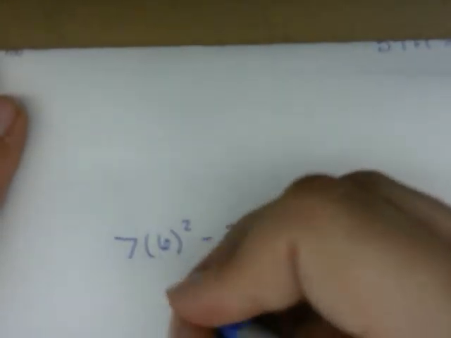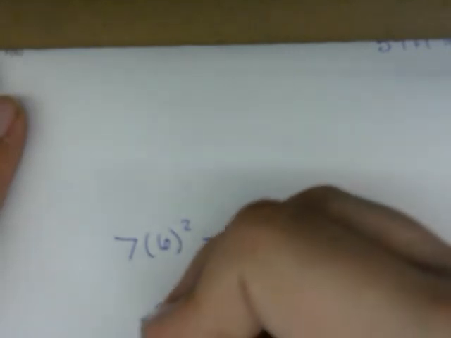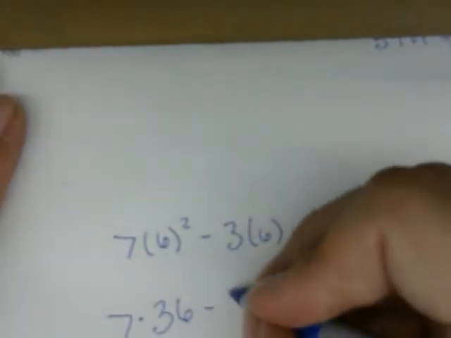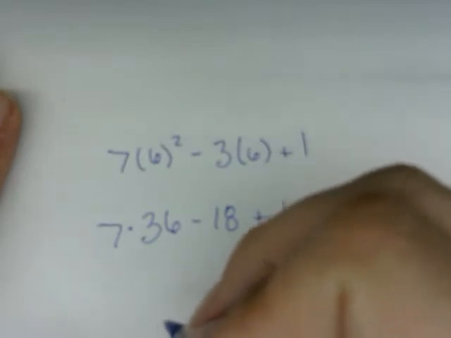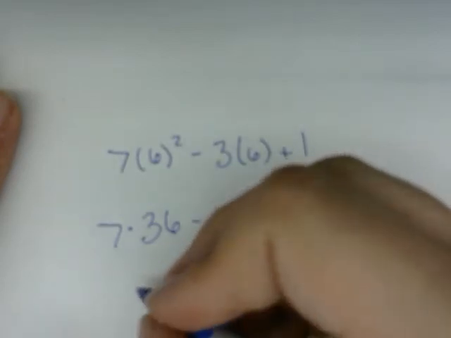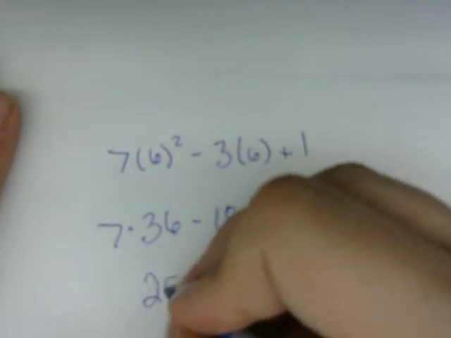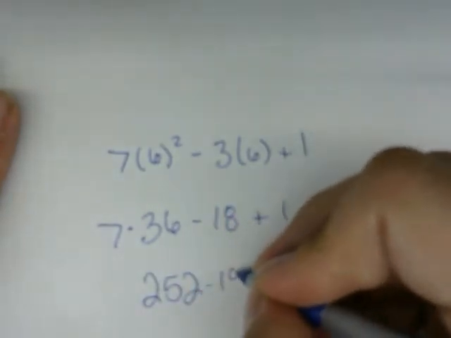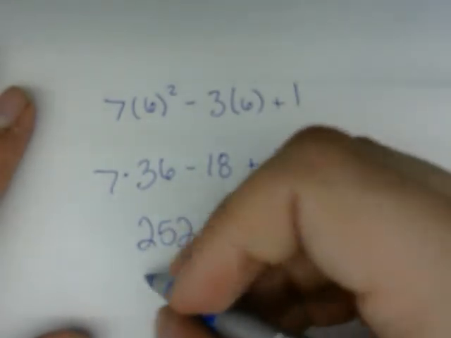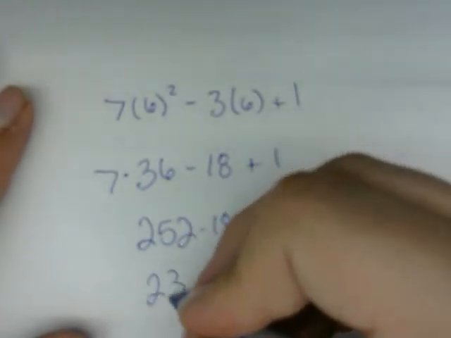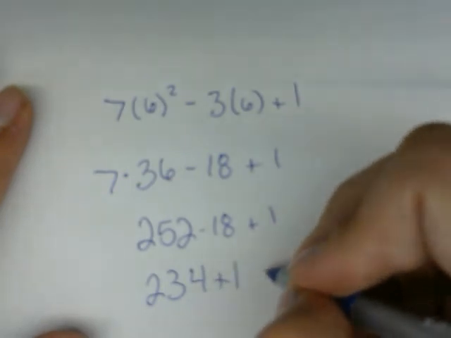So 6 squared is 36 times 7, minus 18, since 3 times 6 is 18, plus 1. 7 times 36, I think, is 252, minus 18 plus 1. This becomes 234, plus 1, which equals 235.